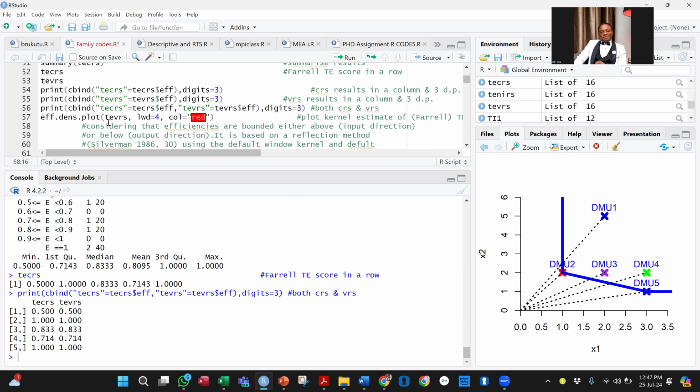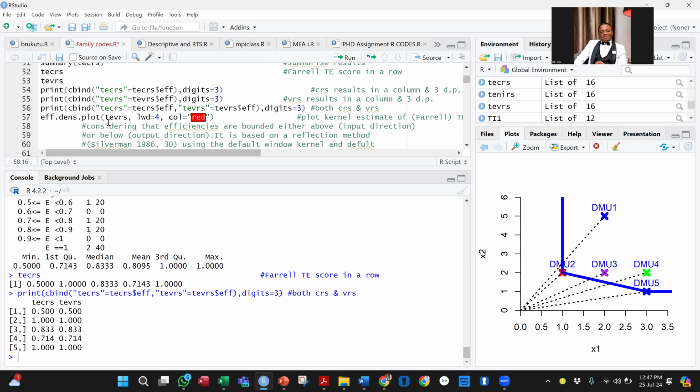The TECRS is what we call the overall technical efficiency. Then the TEVRS is called pure technical efficiency.